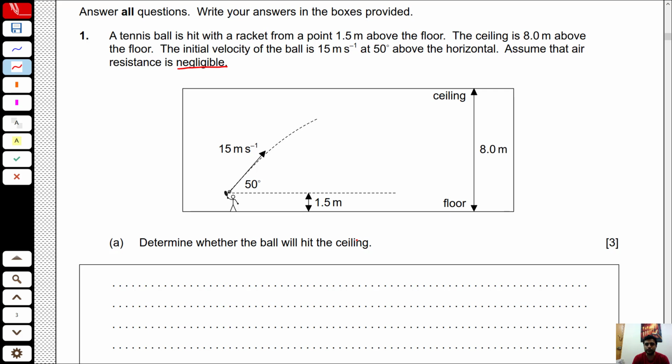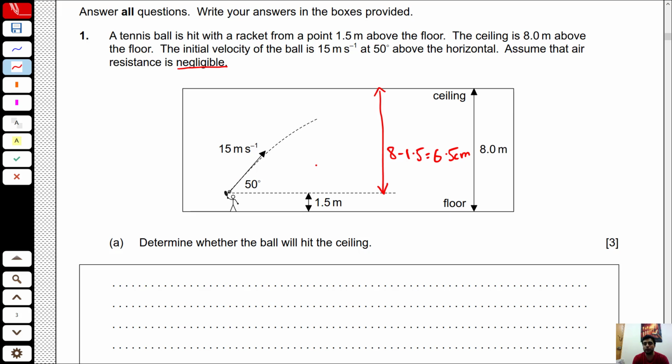So the distance between the ball and the ceiling, this much. Let's see how much this is. This is the distance between the ceiling and the ball. So the total distance between the ceiling and the floor is 8 minus this length, so 8 minus 1.5, which is 6.5. So this is the available distance that the ball can travel.